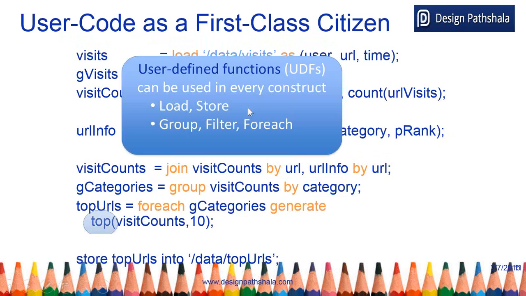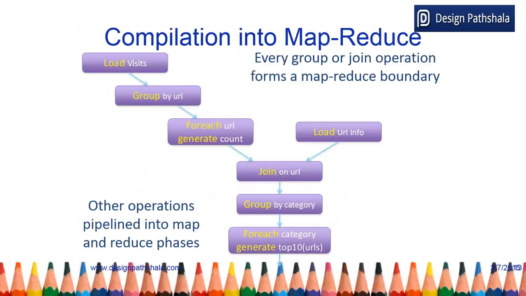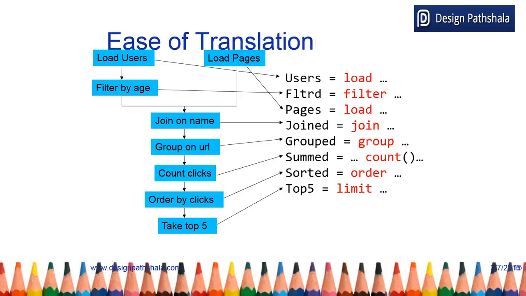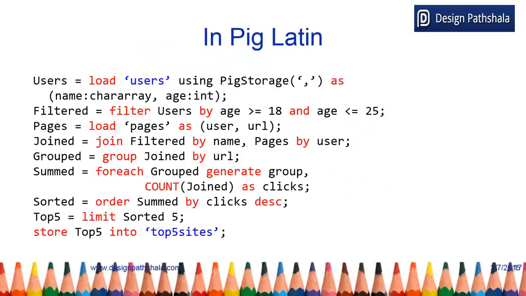Then we looked at the complexity of the MapReduce code which we could have written to solve this problem. And then we looked into another problem where we tried to find out top URL hits by age category, and we saw how easy it was with just 6-7 lines of code, which would have been too complex in the MapReduce world, or even in any other language, to process this unstructured data lying in 2 different files.